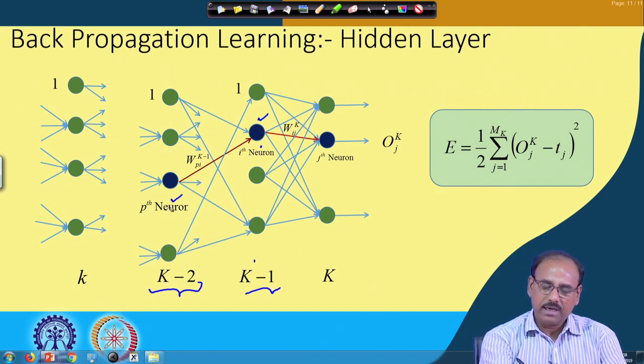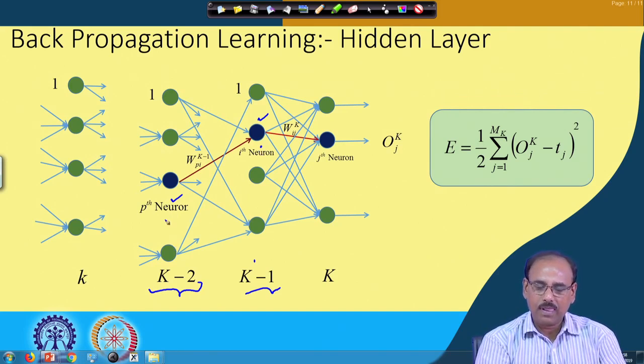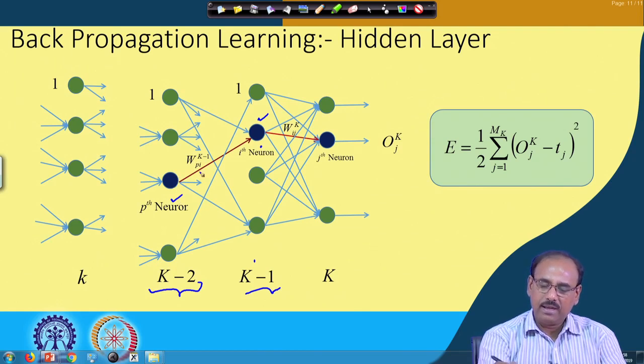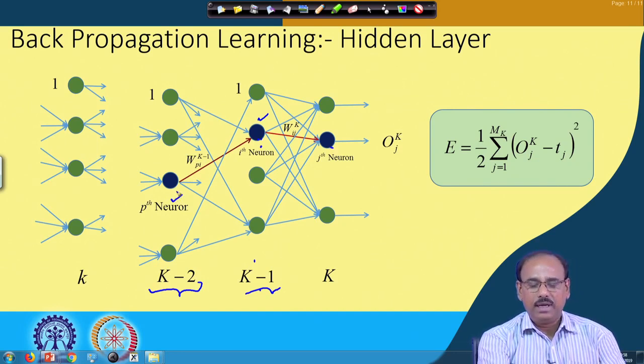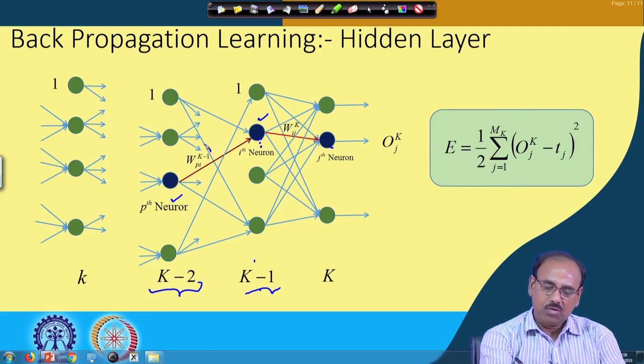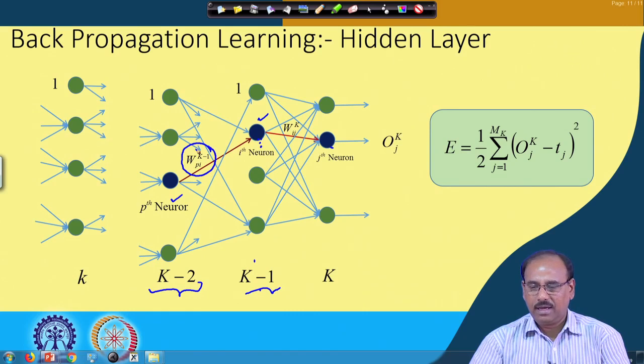So, in the (k-2)th layer I have this pth neuron, and this pth neuron is connected to the ith neuron in the (k-1)th layer, and the ith neuron in the (k-1)th layer is connected to the jth neuron in the kth layer. And I am also assuming that this pth neuron in the (k-2)th layer is connected to the ith neuron in the (k-1)th layer through a connection weight which is given by Wpi(k-1).